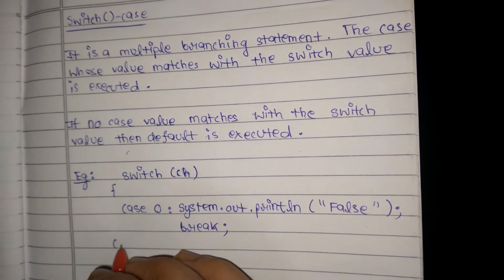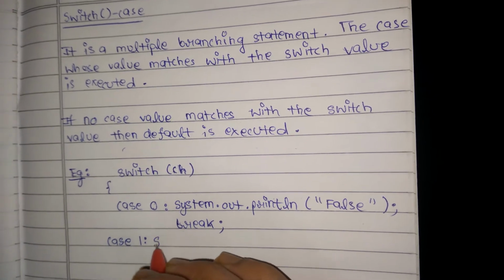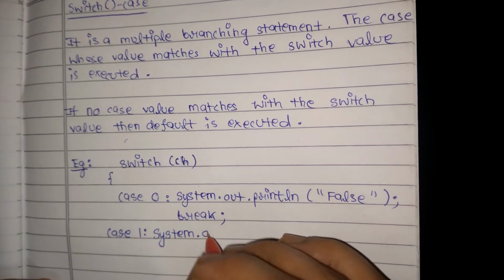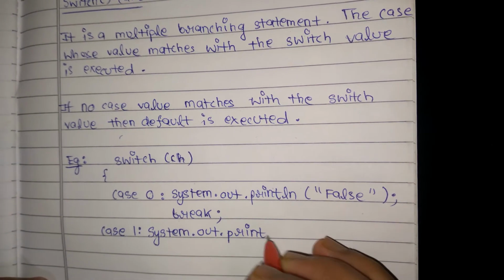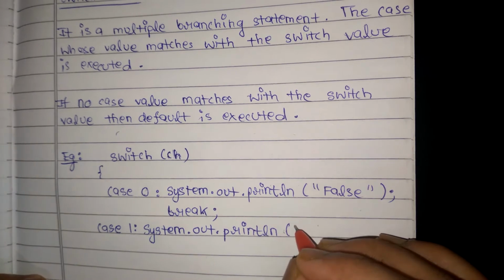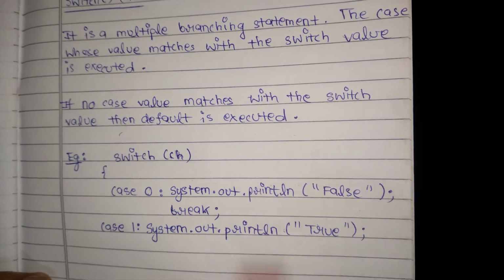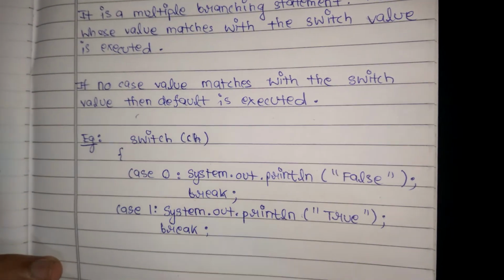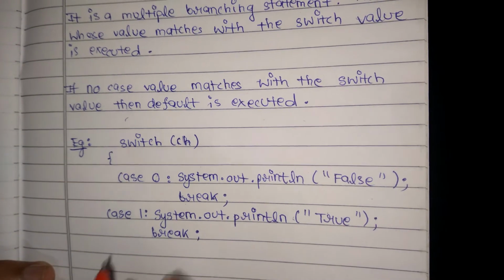Then case 1. Here also I am going to print so that you can get a correct answer in your output screen. System.out.println, here I am giving true. Then break; as I have already said, in each case this break and semicolon is very compulsory, it is a must.